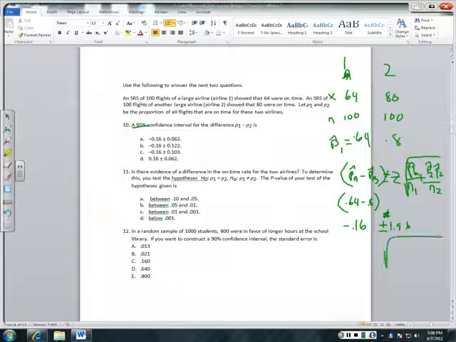That's going to be the square root of 0.64 times 0.36 over 100 plus 0.8 times 0.2 over 100. And that comes out to be 0.122.